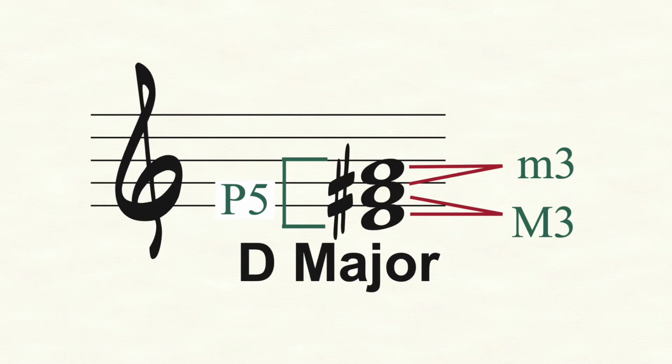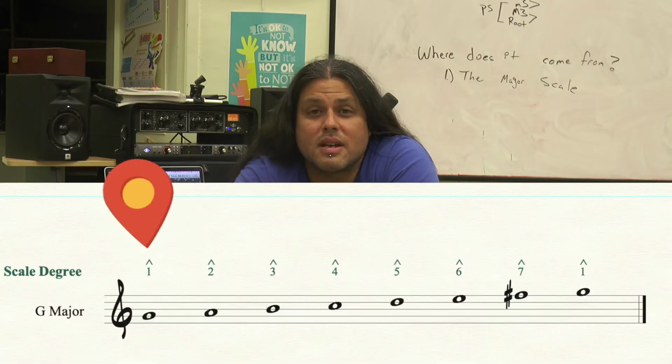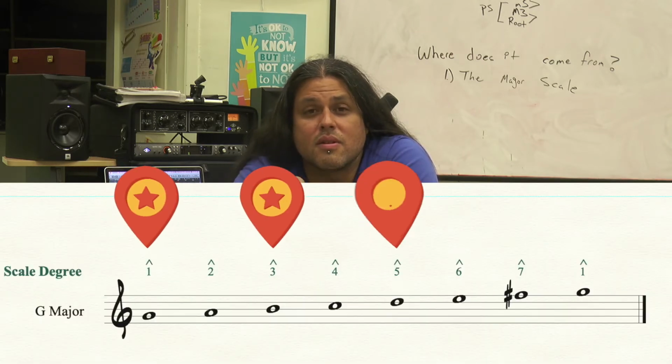Let's try another one. Let's do D. Major third above D is F sharp. And then the perfect fifth above D is A. So we have our root, major third, perfect fifth. Sounds like a major chord. So you have two ways to build your major chords. The first is using the parent major scale and then picking out the root, third, and fifth.